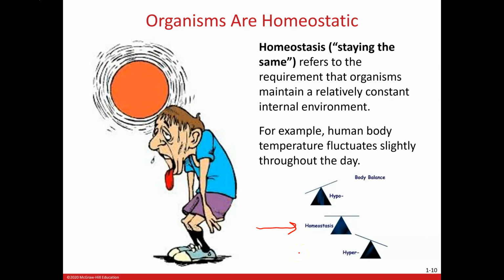So think about, you've probably heard of hypoglycemia, which is low blood sugar, and hyperglycemia, which is high blood sugar. Both are dangerous. We want to have blood sugar be maintained. And so that's an example of a homeostatic mechanism as well, blood sugar levels.